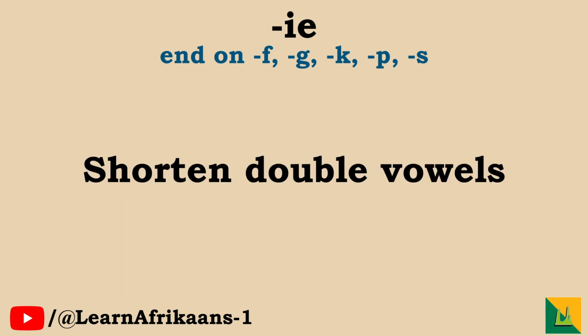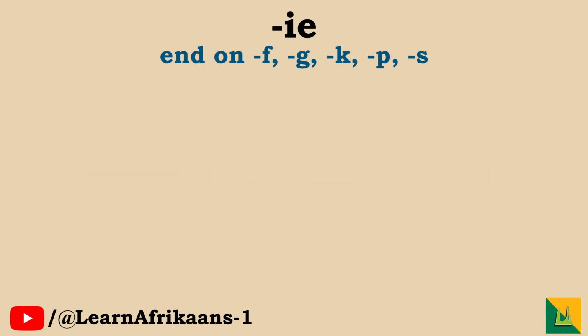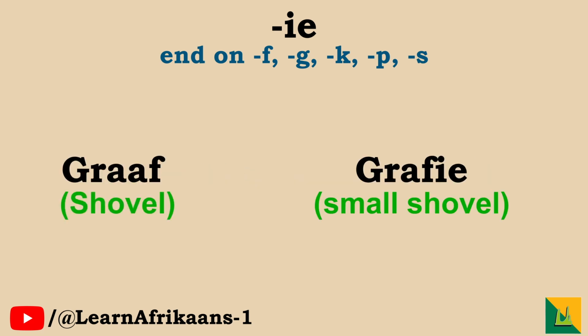And if it is a long double vowel of 2, remember to shorten it. Graaf, graafie.